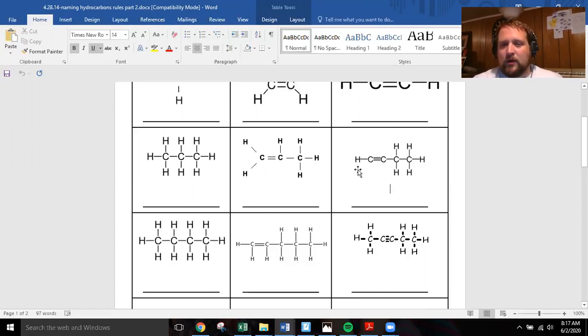Some people might wonder, doesn't this count as a position? This is just the carbon-hydrogen bond. Hydrogen can't make a triple bond. Hydrogen's just there to finish the structure. The main parts that matter are the carbon-carbon bonds. So this is a triple bond in the first carbon-carbon bond position. So the full name for this example would be 1-butyne.